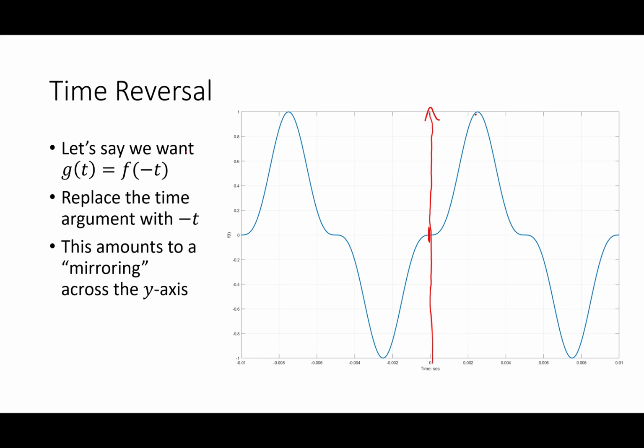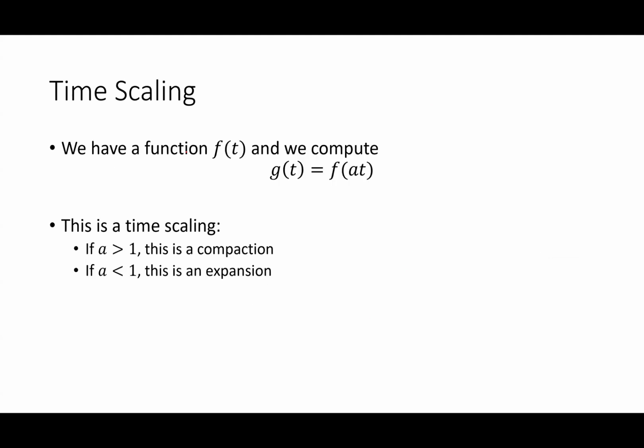Okay. In general, what I say if I have a scaling: if I have a function f and I scale the time axis somehow, the function g gets scaled one way or the other. If a is greater than 1, the signal gets compacted. If that scaling factor is less than 1, it gets expanded.